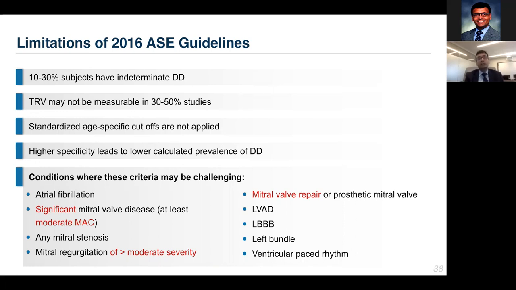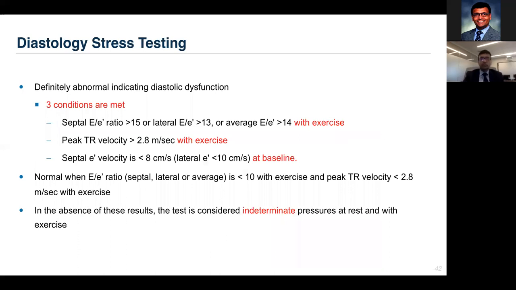However, they continue to stay fairly challenging. And also, diastolic dysfunction may be difficult to define in the presence of rhythm abnormalities like left bundle branch block and ventricular paced rhythm, and in patients who have LVADs. So these are certain areas where there is still a lack of certainty on how best we can approach the situation.